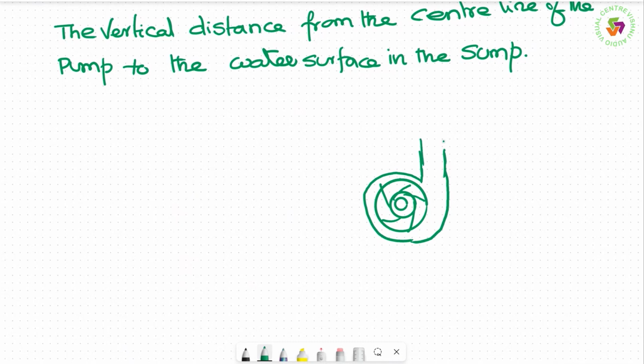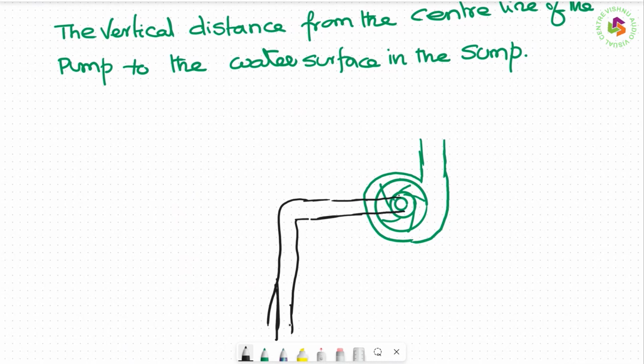This is how the casing is. And the suction pipe goes like this, and it is kept in the water from where we are lifting. So this is the water surface from where we are lifting.